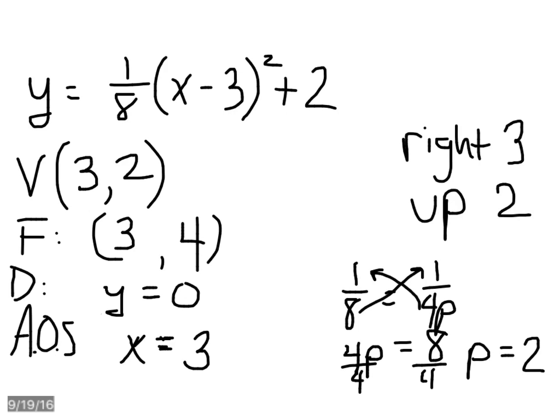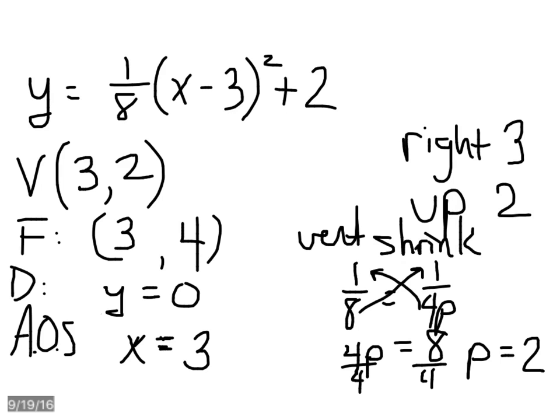Now the only thing that you have forgotten in the transformations: you accounted for the 3 and the 2, which you've done before. What's the 1/8 do? It's multiplied on the outside. What does a multiply on the outside tell you? Vertical, and then you couldn't remember. Shrink.